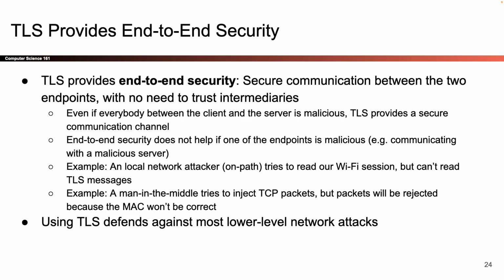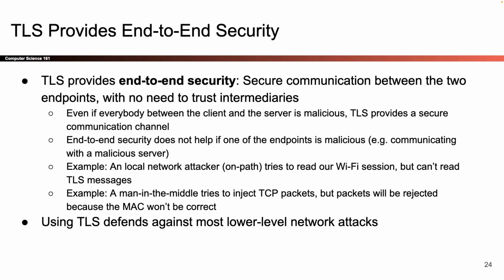Using this beautiful secure connection, you're talking to the attacker. End-to-end security helps stop people in between, but it does not stop the end user being an attacker. So you still have to be careful. This is not a magic wand that stops everything, but it does stop all of those network attackers in between that we've seen.